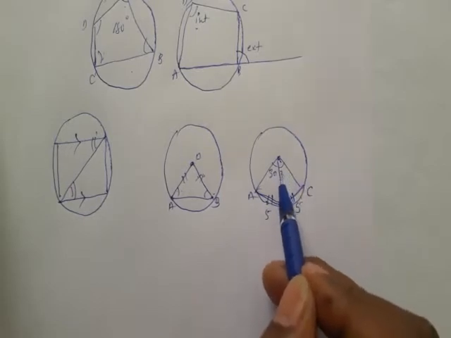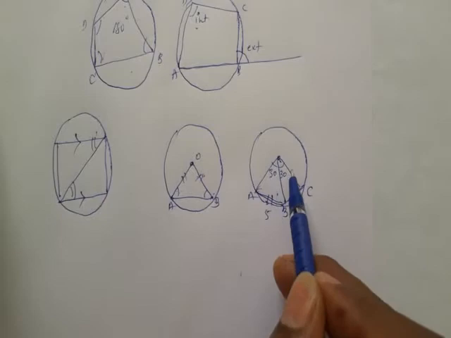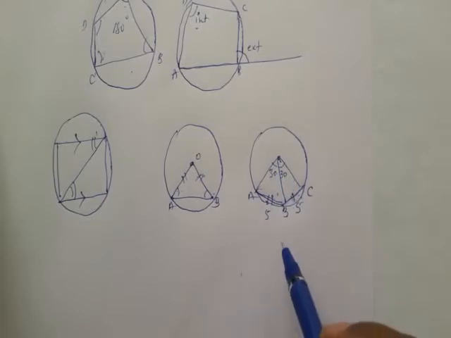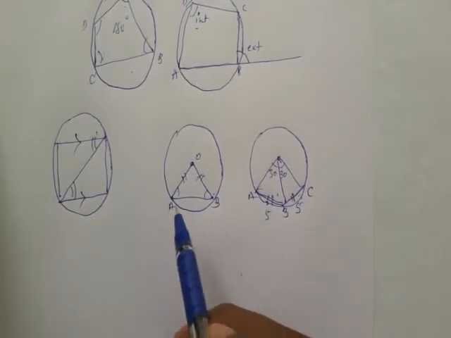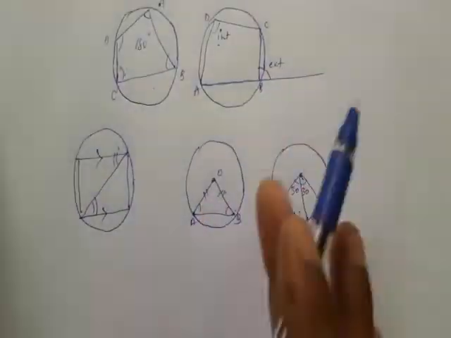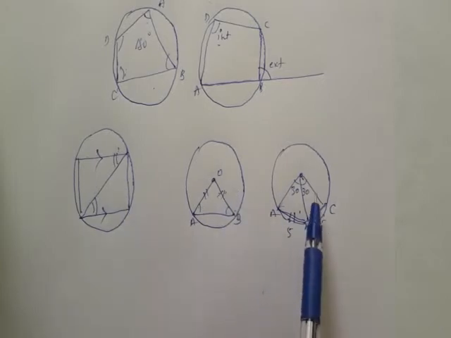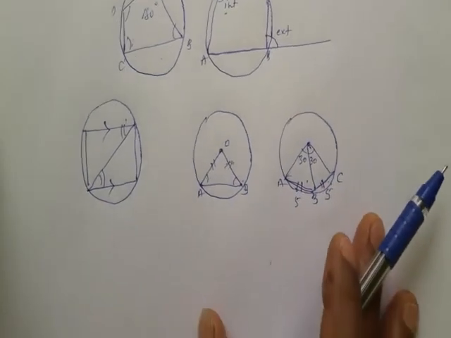BC also subtends 30 degrees at the center, because when chords are equal, their angles at the center are also equal. These three are not main theorems. The main theorems are these 5. Including these 5, the other 3 concepts also will be used: parallel lines, isosceles triangle and equal chords.